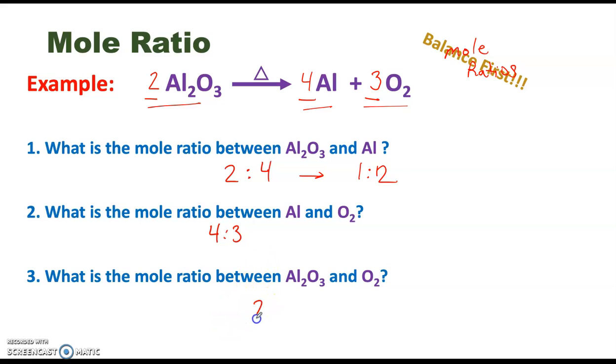Well, that one is a 2 to 3 ratio. And what we should actually get into the habit of doing is writing this out as 2 moles Al2O3 to 3 moles of O2. So it's a 2 mole to 3 mole ratio to keep track of which compound is which.